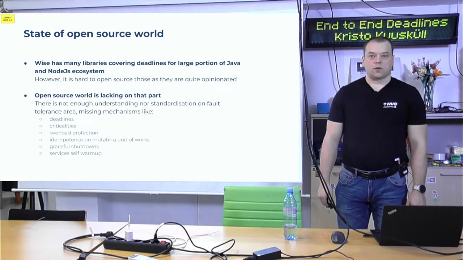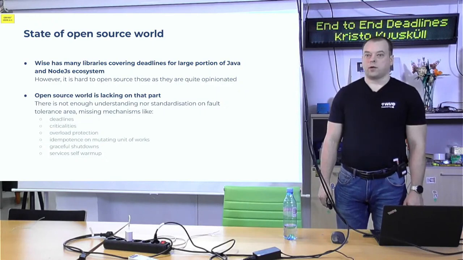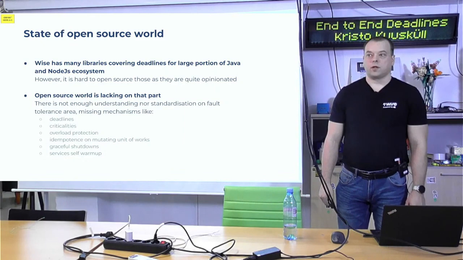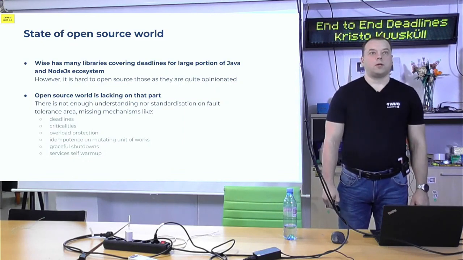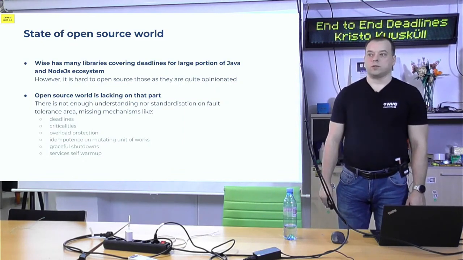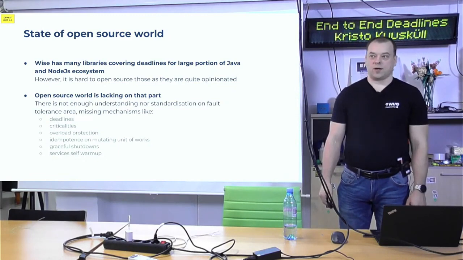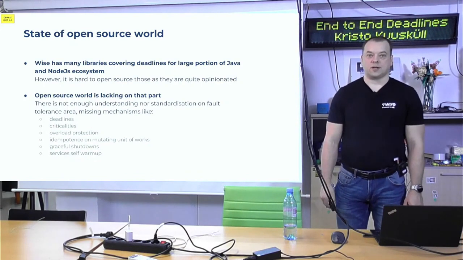Wise has a lot of fault tolerance libraries, but we haven't published those or made them open source because they are quite opinionated, very Wise specific. They are so because it allows us to keep the feature set very small and have a very high velocity of changes on those libraries.